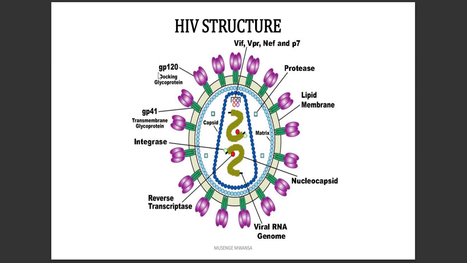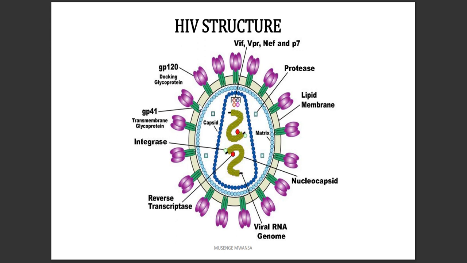We can see we have got the GP120, which attaches to the CD4 receptors. And then we have got the GP41. Now, what is the function of this GP41? We know the function of GP120. What of the GP41? So this GP41, we can see it gets to go inside of the cell, like it is a transmembrane protein, right?